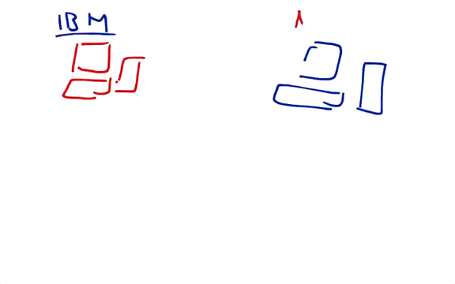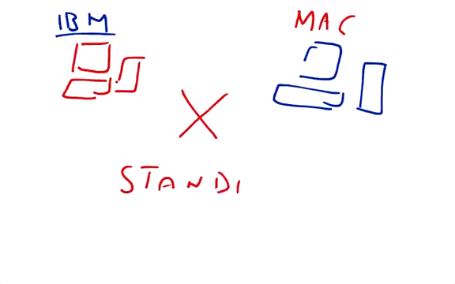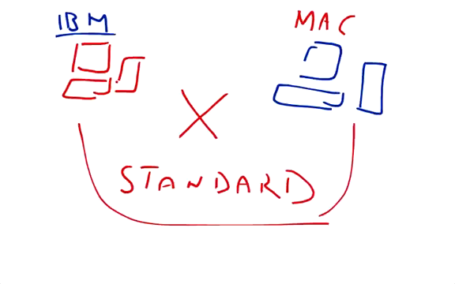But the problem was that if a system was developed by IBM, then it could not communicate with the system developed by Macintosh, because there were no standards available to communicate between different computers by different manufacturers.